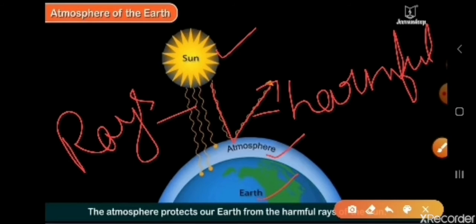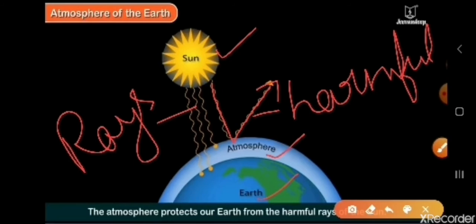It sends them back to the space. So the atmosphere protects our earth from the harmful rays of sun. So children, this is one thing.